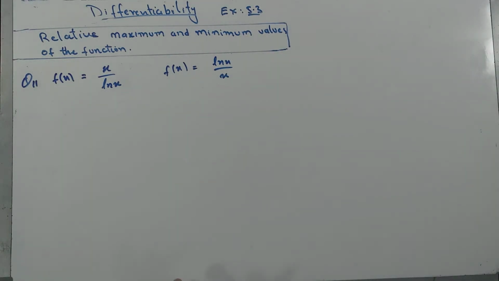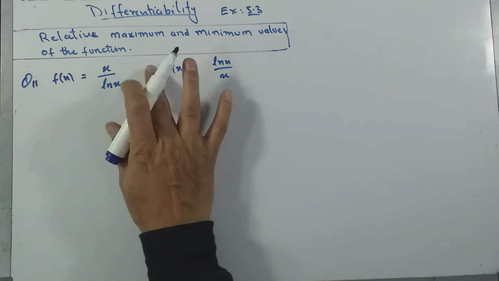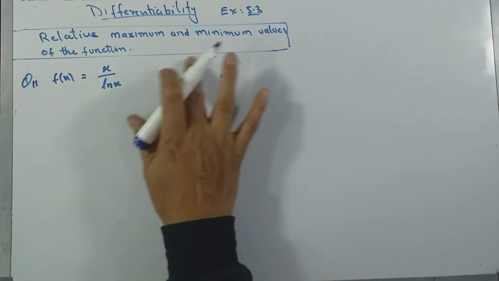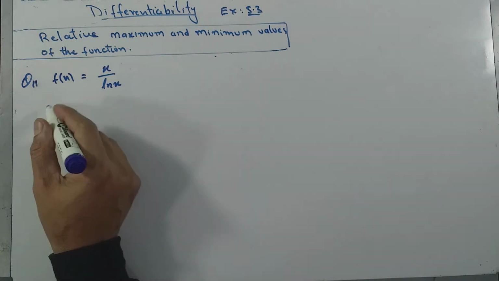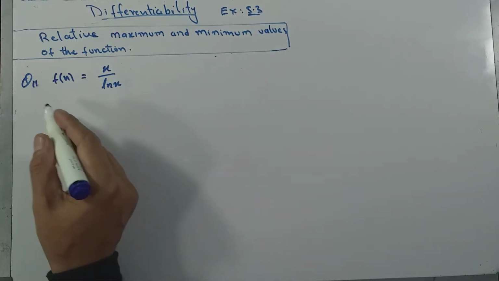Both methods are the same for both of them. So if you understand this part, you can do the other part also very easily. Now we need to differentiate this one for minimum and maximum values.